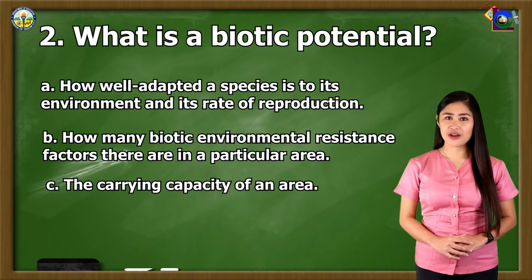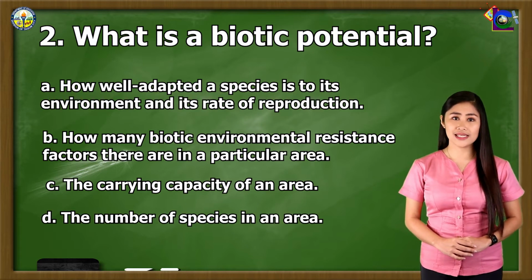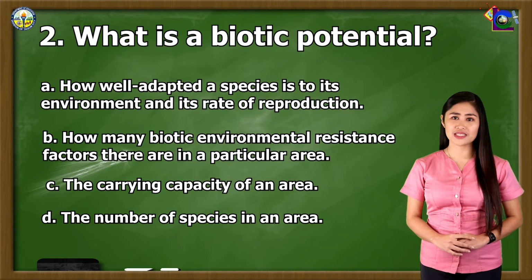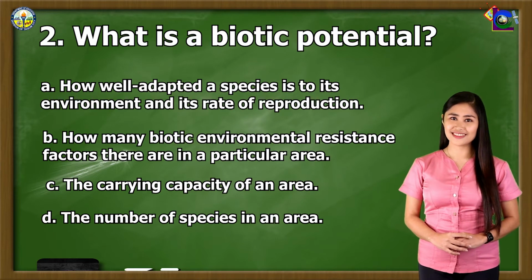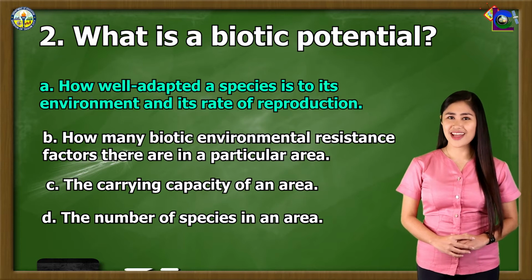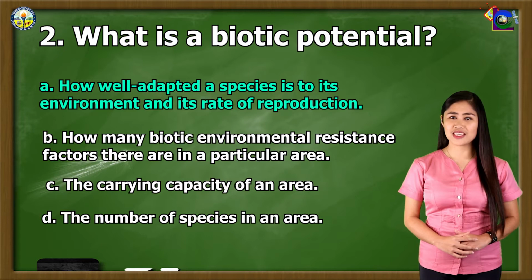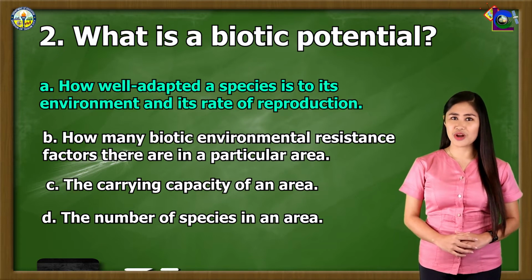C. The carrying capacity of an area. Or D. The number of species in an area. Hooray! It's letter A. How well adapted a species is to its environment and its rate of reproduction.